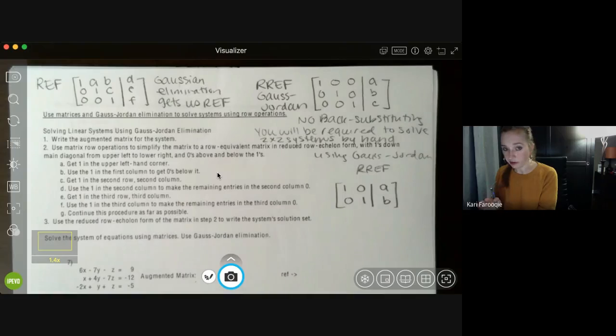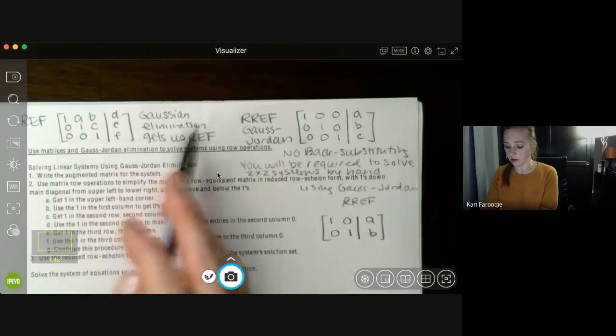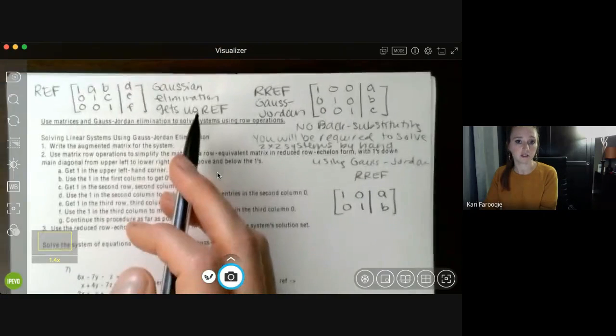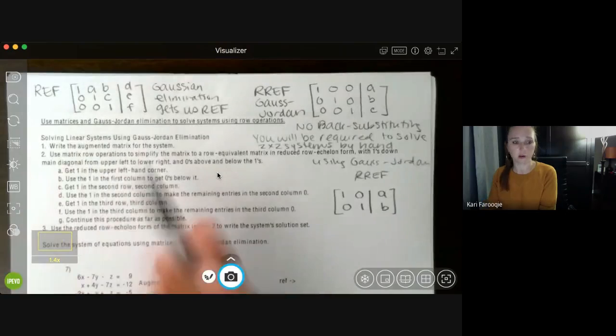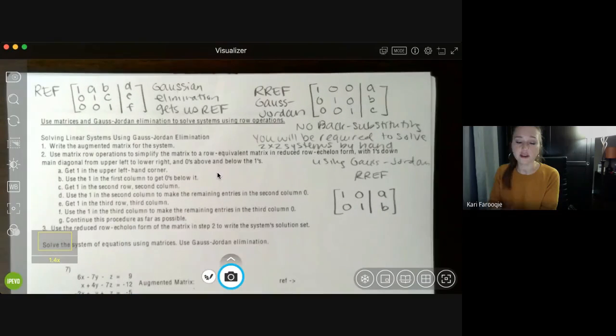On your exam, if I tell you to solve a system of equations using matrices, you're going to be using Gaussian elimination, which is what we did in 6.1. So you're going to be getting it into this form and back substituting. If you really want to get it into Gauss-Jordan form, that's fine. Show me the work and get it there instead of back substituting.